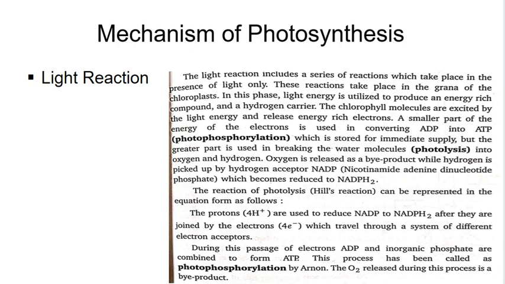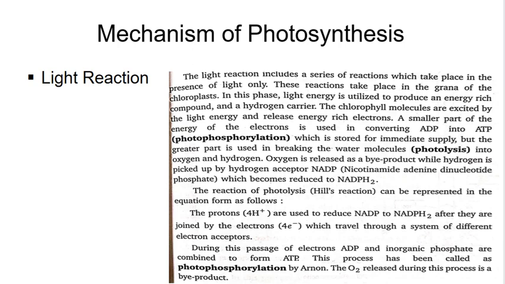But the greater part is used in breaking the water molecules. This breaking of water molecules is called photolysis, into oxygen and hydrogen. Oxygen is released as a byproduct, while hydrogen is picked up by the hydrogen acceptor NADP, nicotinamide adenine dinucleotide phosphate, and it becomes reduced to NADPH2.